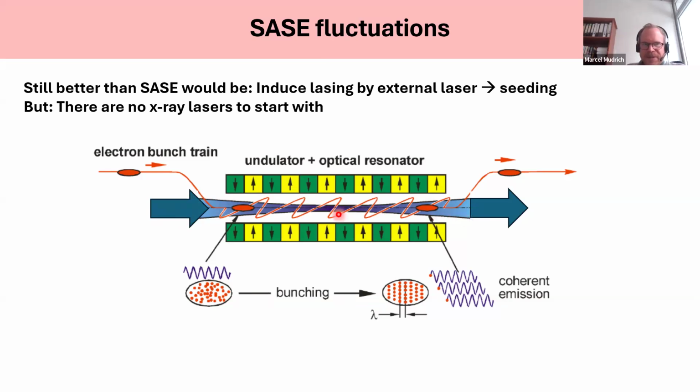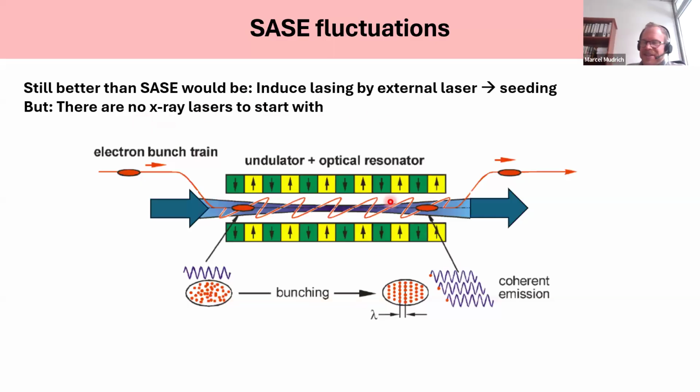But for that, of course, you would need an X-ray laser pulse to start with. You would have to have some kind of femtosecond laser that already lases in the X-ray to actually start this FEL X-ray lasing process. And again, there is no other way to produce X-ray laser pulses than using a free electron laser.